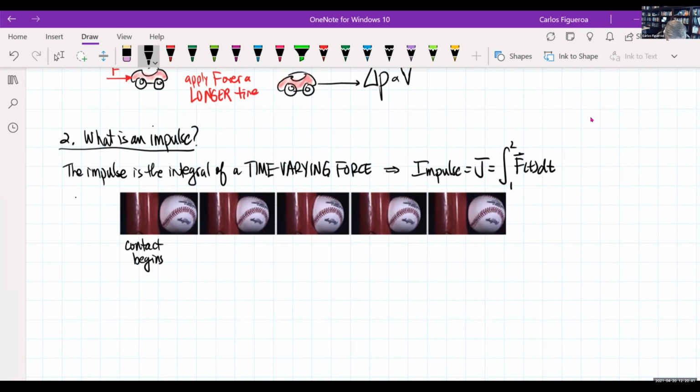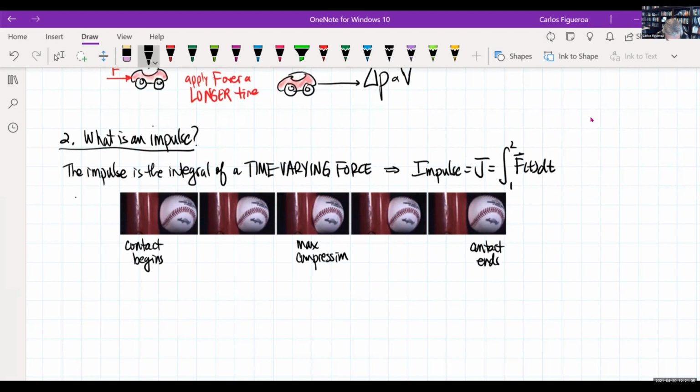And then as the ball is being squished, it looks like at this point here, you might have maximum compression of the ball. And then the ball leaves the bat here. So I'm going to say that contact ends right here.